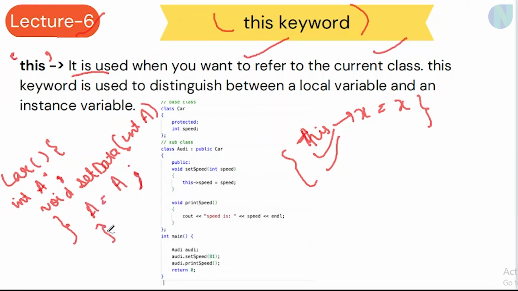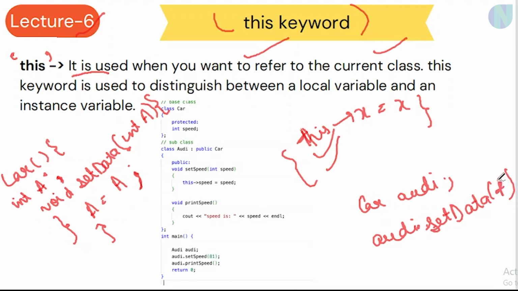Can you guess what would be the output of this? If I create an object of car, Audi, and call Audi dot set data and 4, can you guess what would be the output of this?